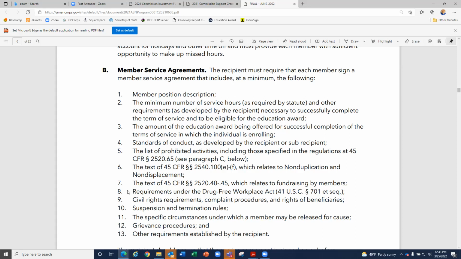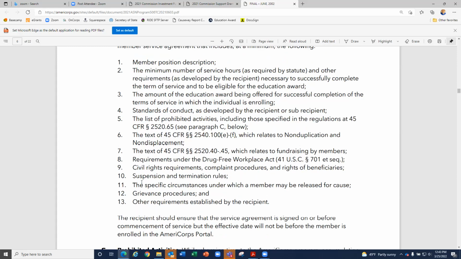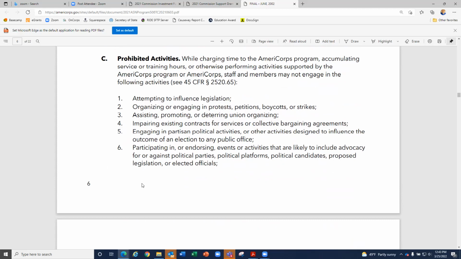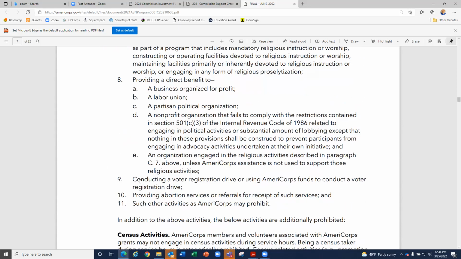So every Americorps member has a written contract called the member service agreement between the program and the member, and that's part of the application process. The terms and conditions list the prohibited activities that we have made reference to in the RFP and in previous trainings.